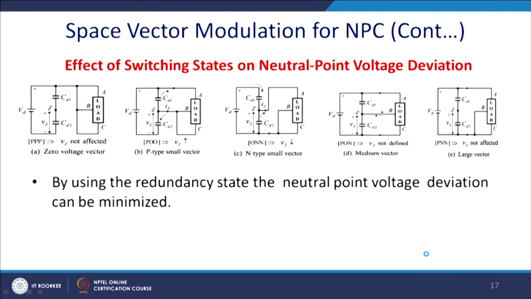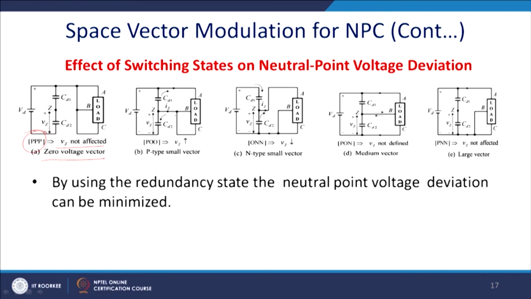And thus these are the options. If you have switched PPP, all the upper switches closed, it means that you have Vz no effect and a 0 voltage vector. So, you short all the legs. Same way, if you have POO, then what happens?